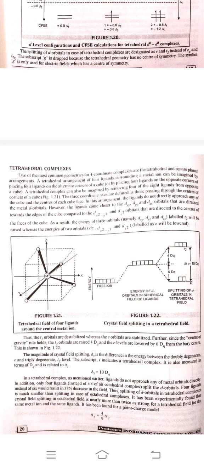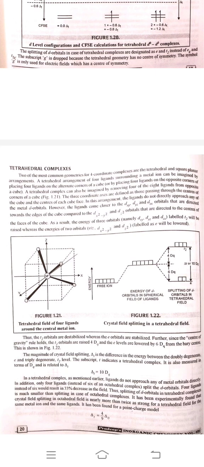A tetrahedral complex can also be imagined by removing 4 of the 8 ligands from opposite corners of a cube. The 3 coordinate axes are defined as those passing through the center of the cube and the center of each face of the cube. In this arrangement, the ligands do not directly approach any of the metal d orbitals.